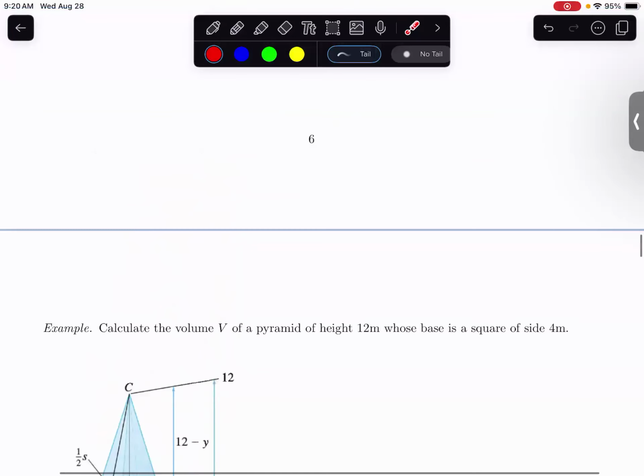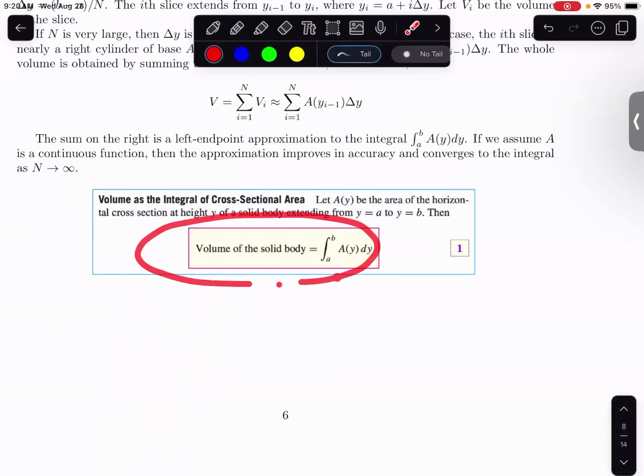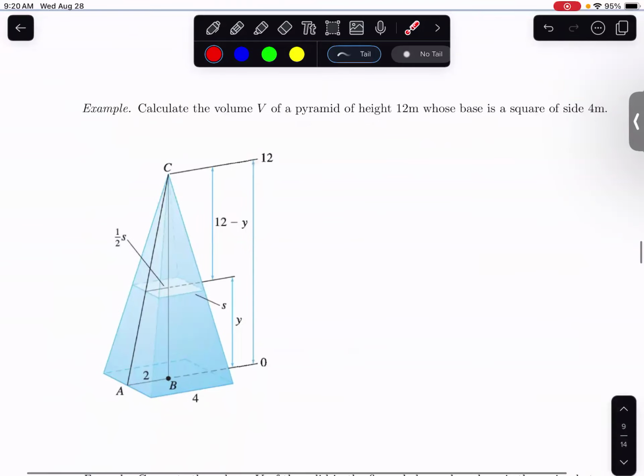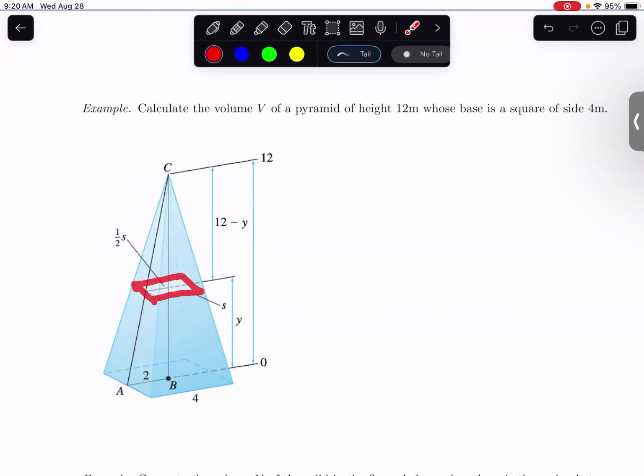And so based off of this equation, the main thing we're interested in is we want to be able to find the area of a horizontal cross-section in terms of y. And so if you look at this picture, the horizontal cross-section is given by this square right here. Right, so we have this solid, and then we're intersecting it with some sort of horizontal plane, and this is the resulting cross-section.